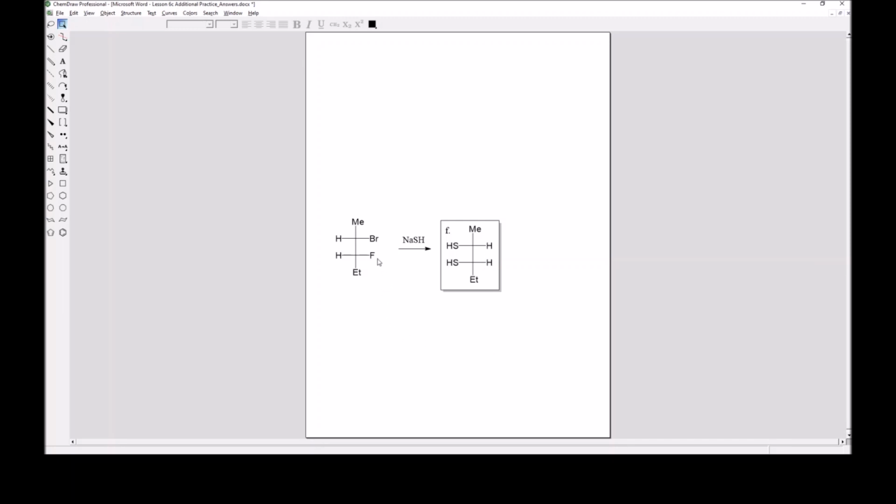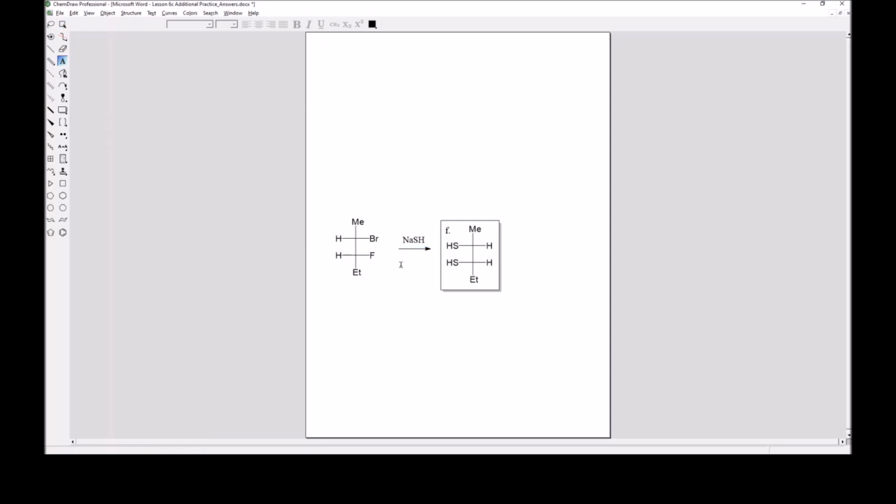Your textbook has just the bromide being replaced, and that would only be the case... I would only ask the question and expect you to come up with only the bromide being replaced if I specifically told you that there was only one equivalent of sodium hydrogen sulfide.